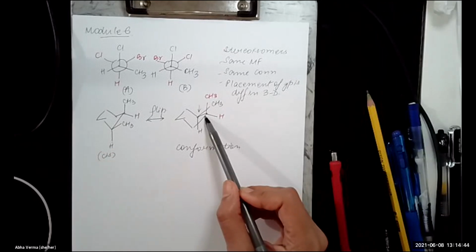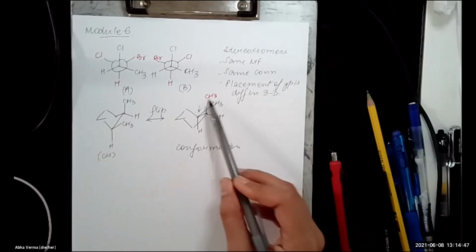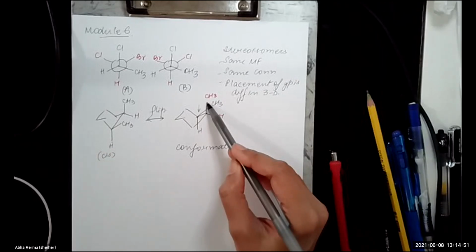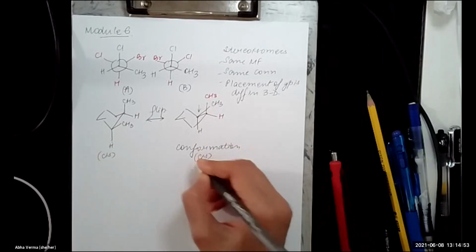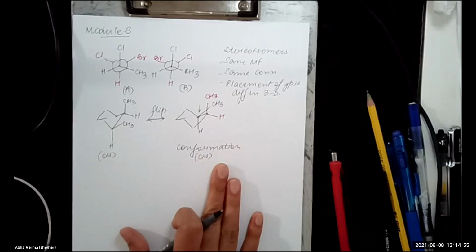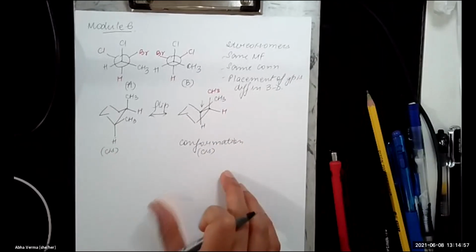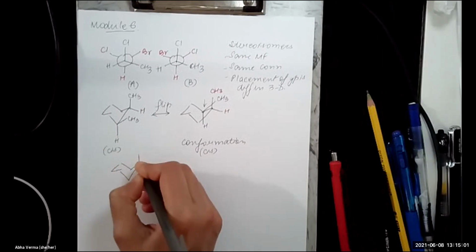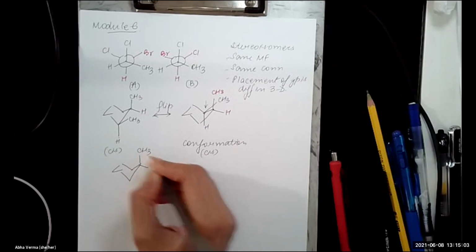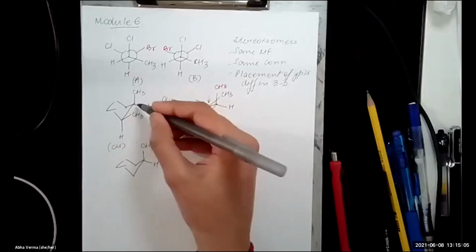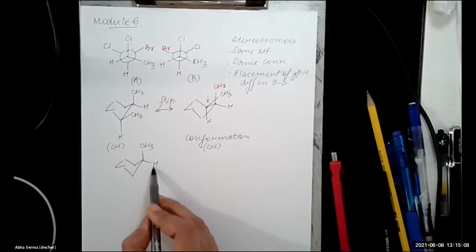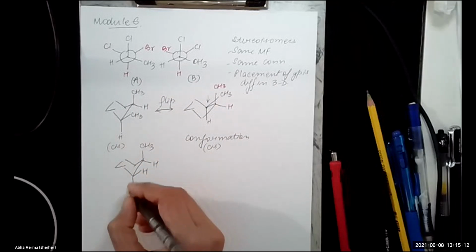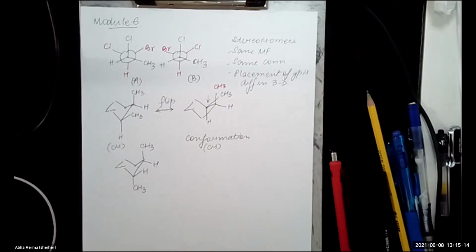What is the relationship between these two methyls right here? These are still cis. This is going up, this is going up. These are still cis to each other. But if I have a stereoisomer, on the same carbon, I have CH3, I have H, but in here I have H and CH3.